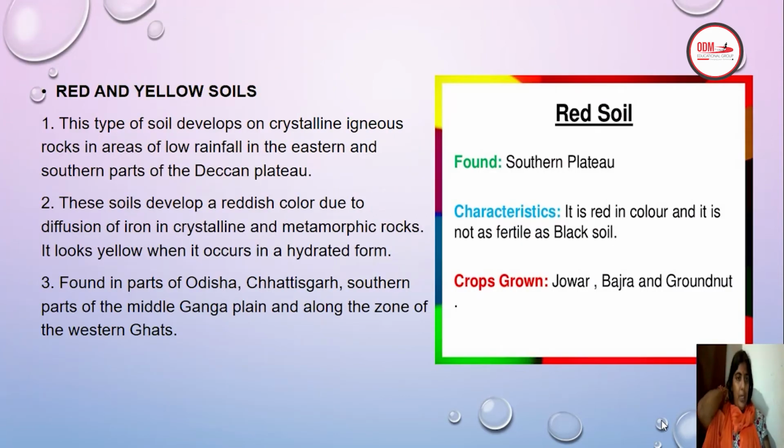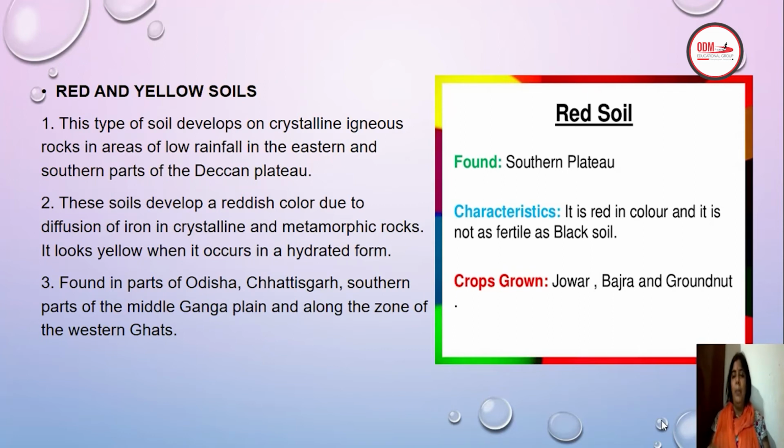Next one is your red and yellow soil. This type of soil develops on crystalline igneous rocks in areas of low rainfall in the eastern and southern parts of the Deccan Plateau. These soils develop a reddish color due to diffusion of iron in crystalline and metamorphic rocks. It looks yellow when it occurs in a hydrated form.